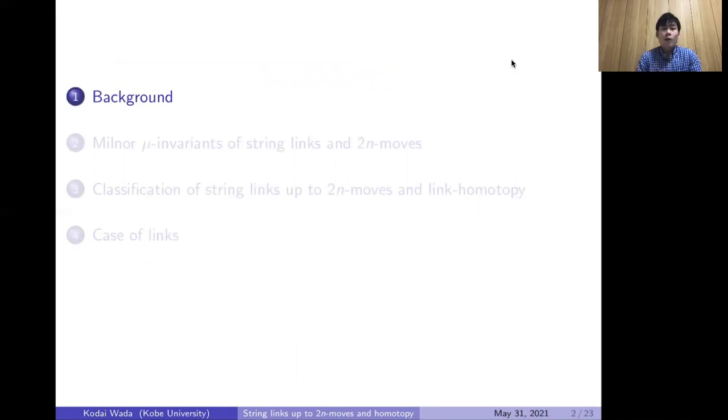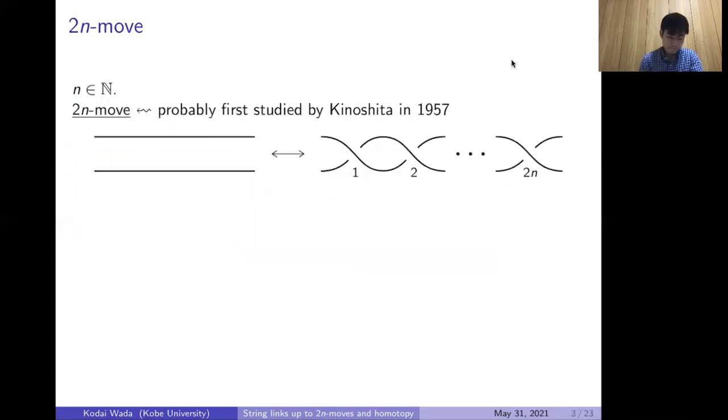First, we mention the motivation of this work. Let n be a positive integer. A 2n-move is a local move as shown here.